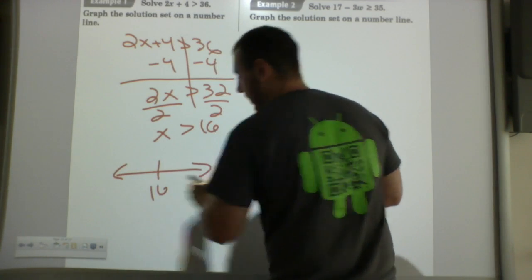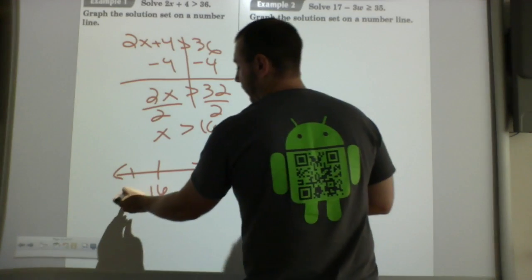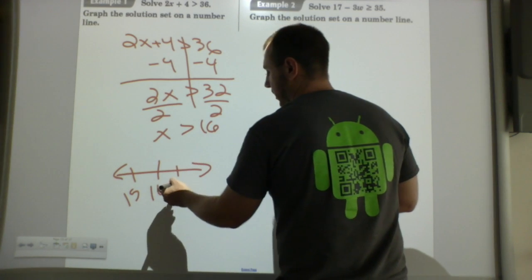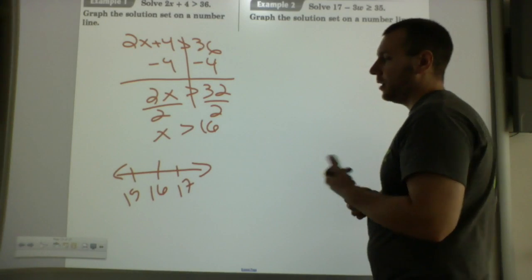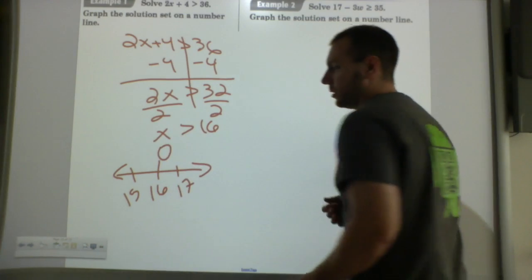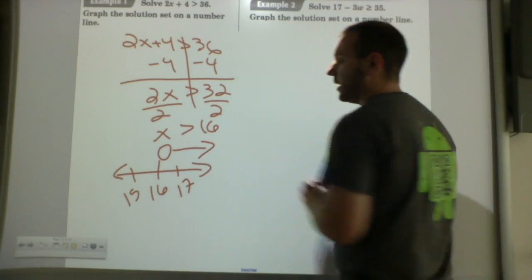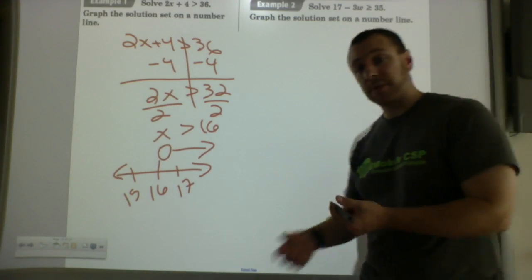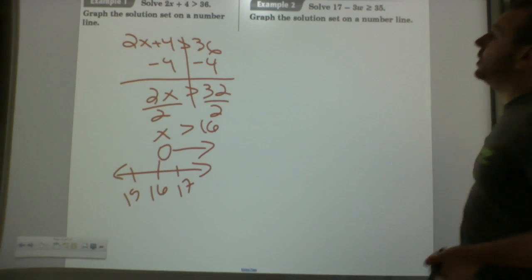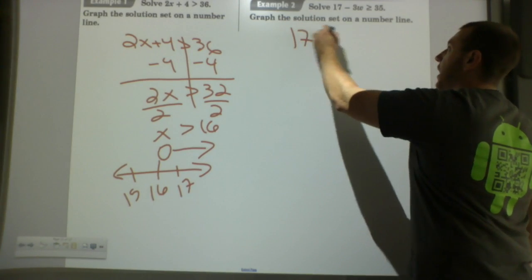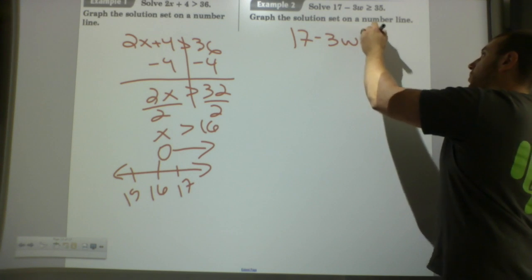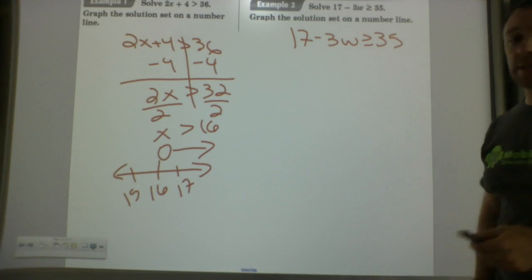I'm going to put 16 here. That means 15 is here and 17 is here. It's going to be an open circle, and it's going to be pointing to the right because x is greater than. Now, example 2, same basic process, but there is a rule that we have to discuss.